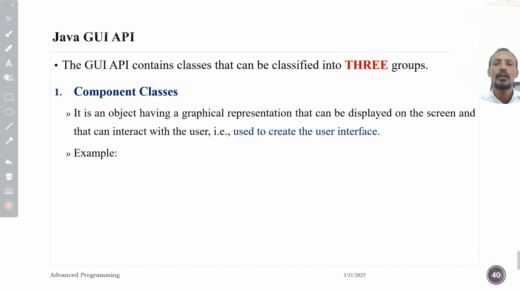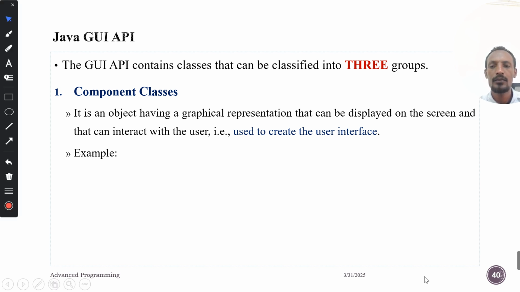The other part is the Java GUI APIs. For any Java program that develops graphical user interface applications, these are fundamental to draw, to code, and to design the components. The GUI API contains classes that can be classified into three.